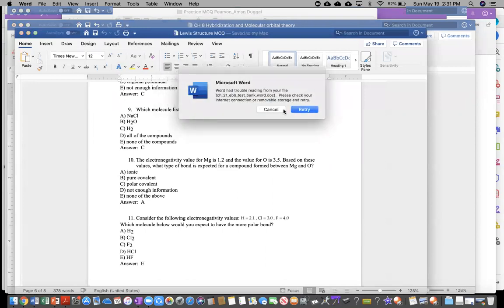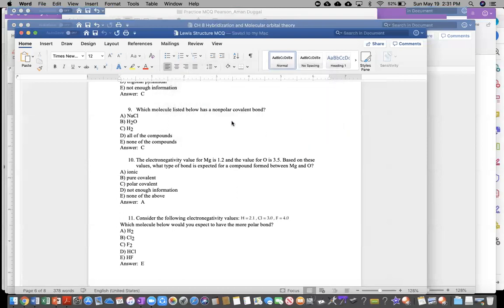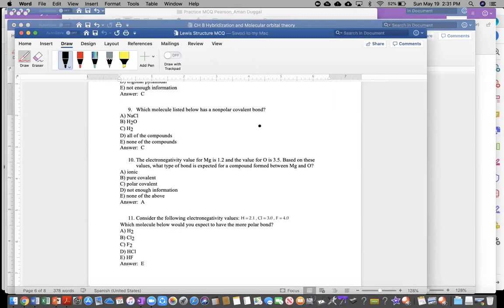If you remember, we did this when we were looking at polar and nonpolar bonds. Let's say we look at water or any molecule, for instance. This is water. Is this bond a polar bond or a nonpolar bond?